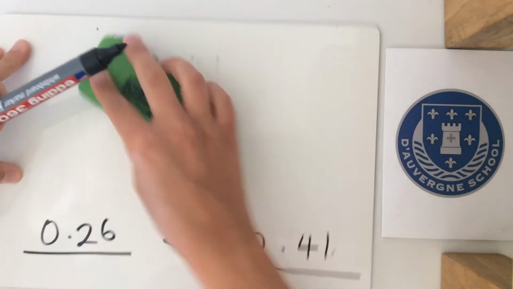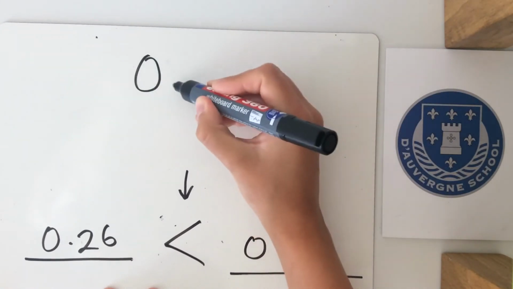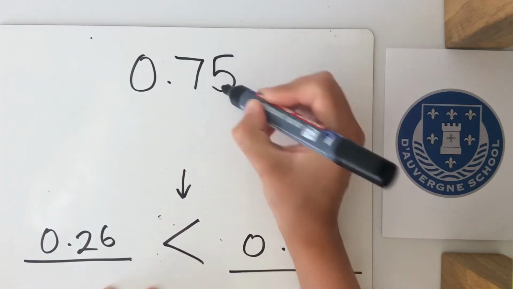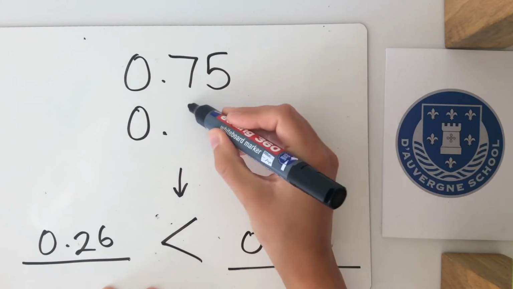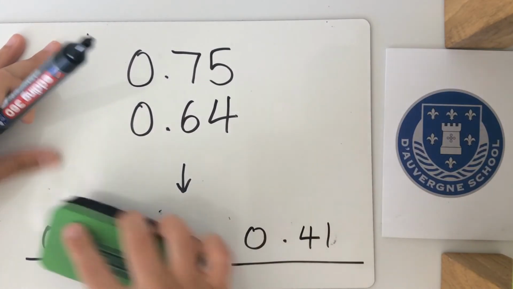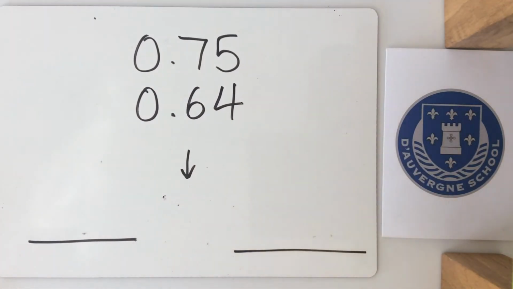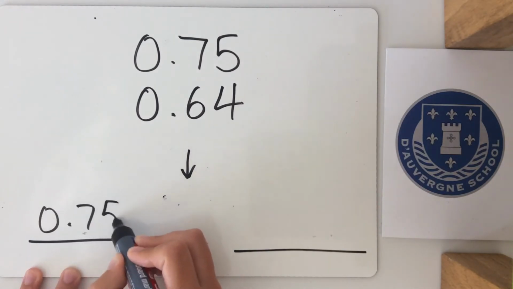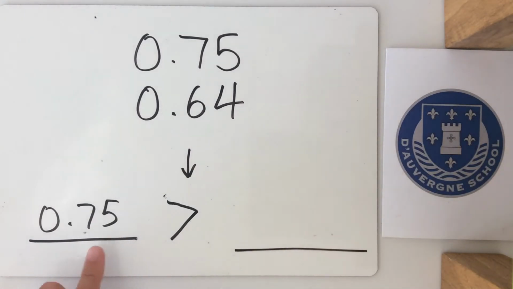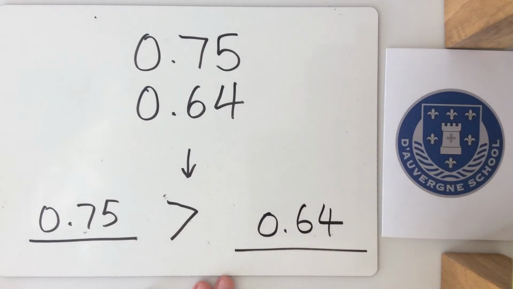Have another go with these two numbers: 0.75 and 0.64. Put a number on each side with a crocodile mouth in the middle. So we could have had 0.75 is greater than 0.64. Why?